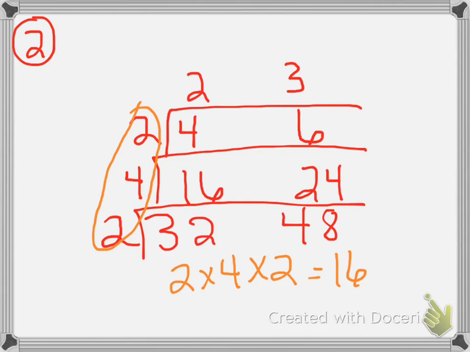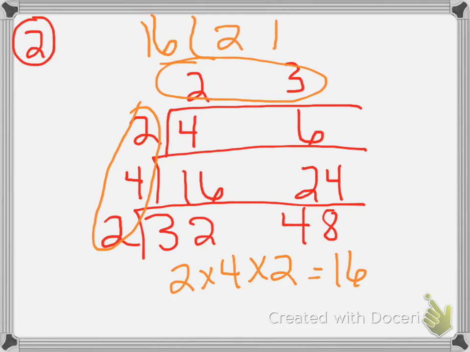So to write the distributive property, 16 would be the number on the outside of the parentheses times our two non-common factors, 2 plus 3. And to check our answer, we would distribute 16. 16 times 2 equals 32. 16 times 3 equals 48. That concludes problem number 2.